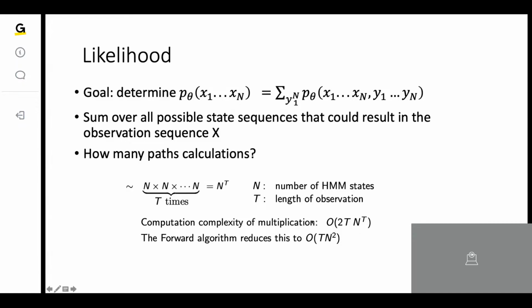By making use of the Markovian assumption, we do not have to explicitly compute each possible path, but can do it efficiently. One such algorithm is the forward algorithm, which reduces the computational complexity to the order of t n square. Let's see what the forward algorithm is.